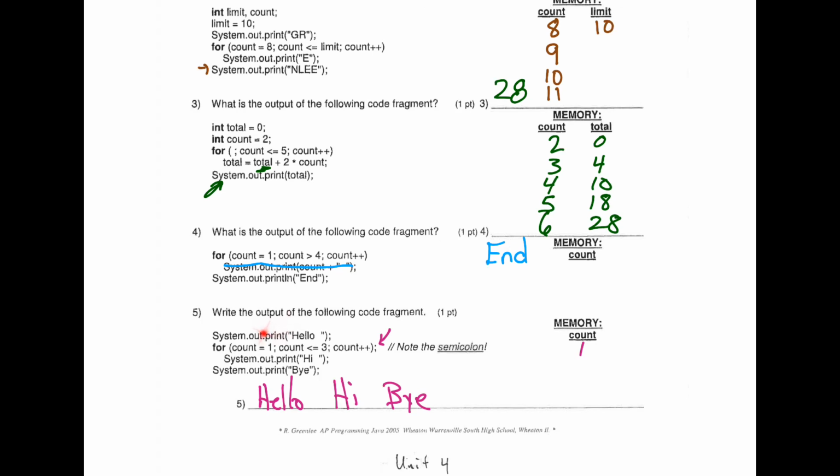So then count's going to go to 2, since we increment count. 2 is less than or equal to 3. That's a check, but not super helpful. So then we can go to plus plus again. We've been at 2, we've been at 3.